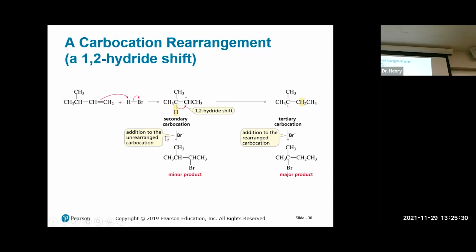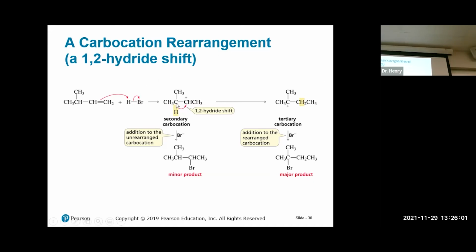So this one doesn't go under rearrangements, where this one will. Okay. So what happens here is that we get a shift between that secondary, the hydrogen on the carbon here, and that hydrogen is going to be transferred to this carbon.